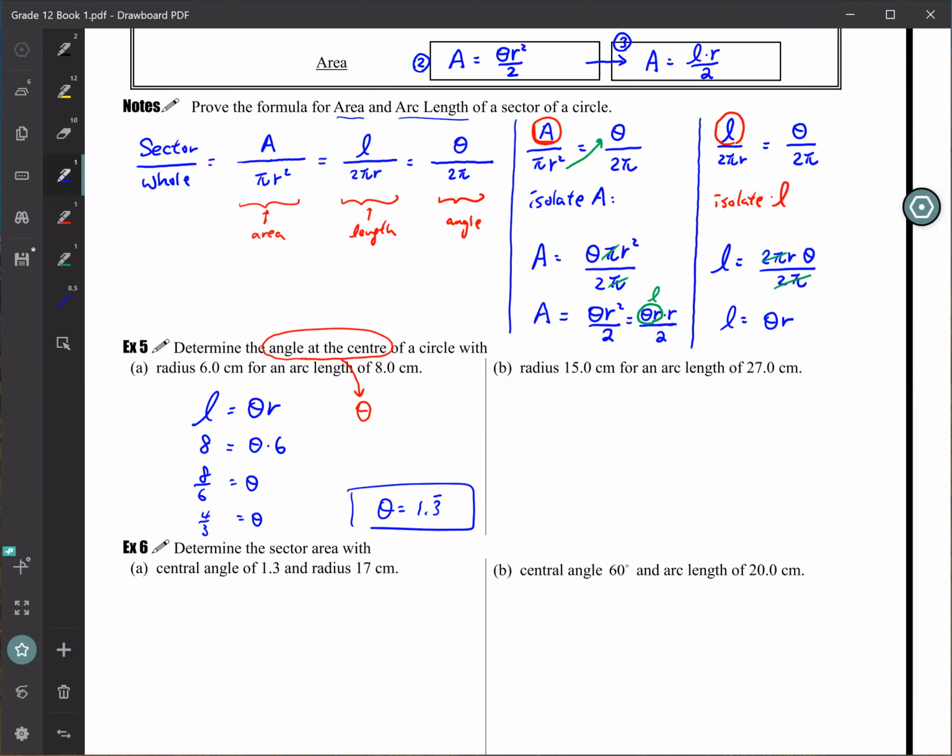Okay, similar. So the same thing, right? We have radius, we have arc length, okay? So it's using the same formula, so I'm not going through the steps here. Once you get the answer, please raise your hand.